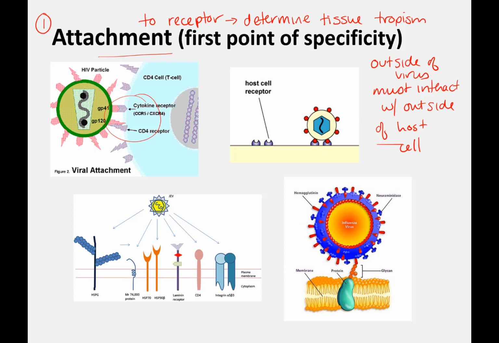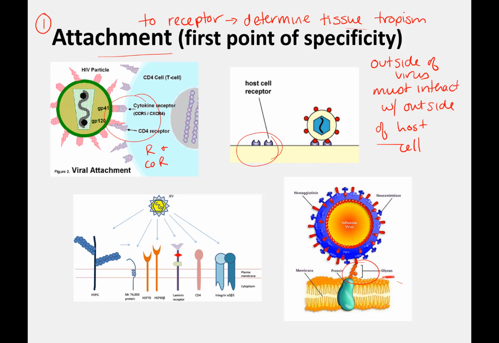Some viruses have a receptor and a co-receptor. Okay. Some viruses have one specific receptor. Some viruses use something that's not that specific, like a proteoglycan, so sugar on a protein.